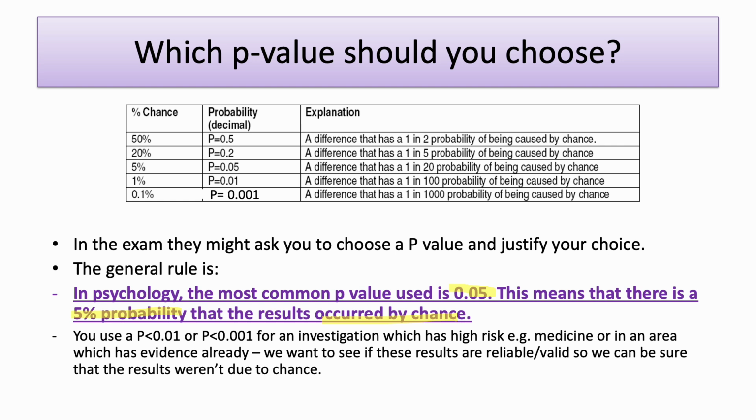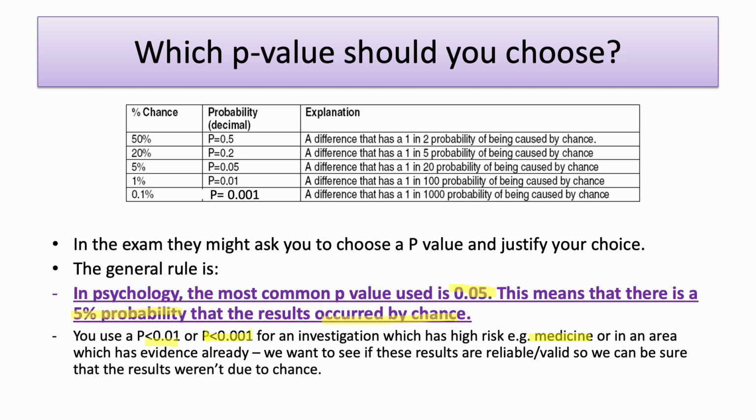You always assume it's the 5% level, and that's because 95% certainty is enough in psychology. If you were using like biological or research into medicine, which can appear in psychology, you need to use a higher p-value, like 0.01, so you mean 99% sure, or 99.9% sure, which is 0.001.